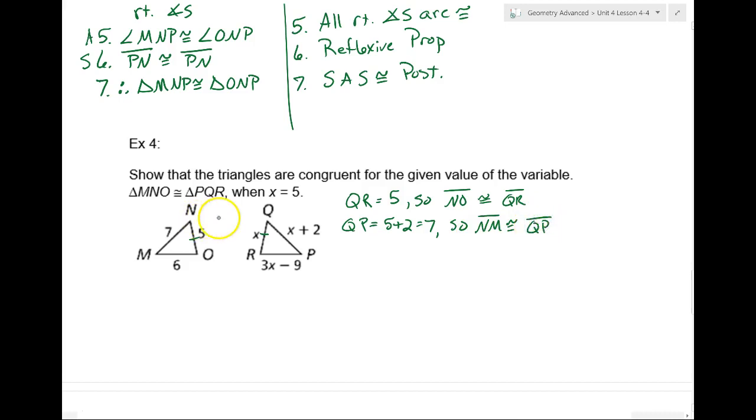So now I have a side, I need another pair of sides, right? So segment RP is going to be 3 times 5 minus 9, which equals 6. So segment MO is congruent to segment PR.